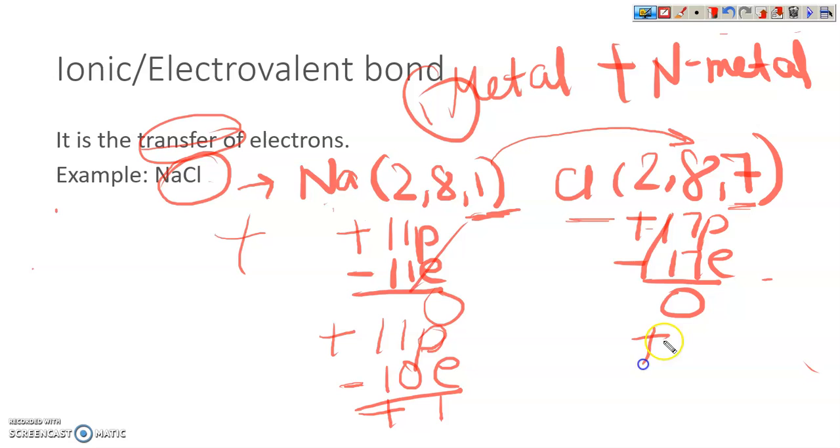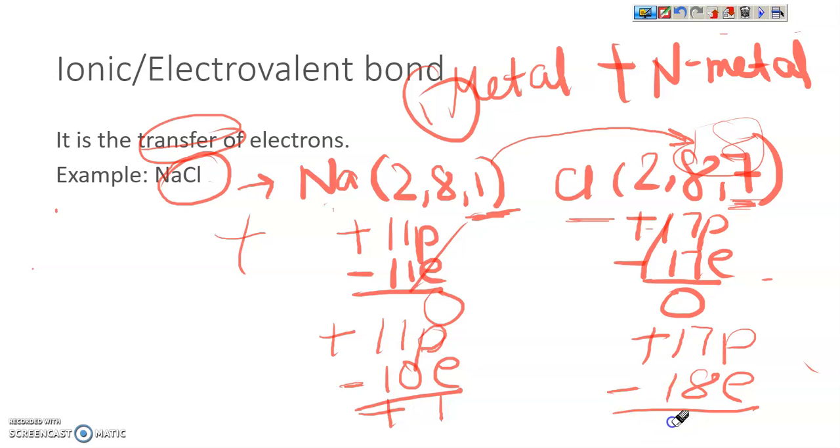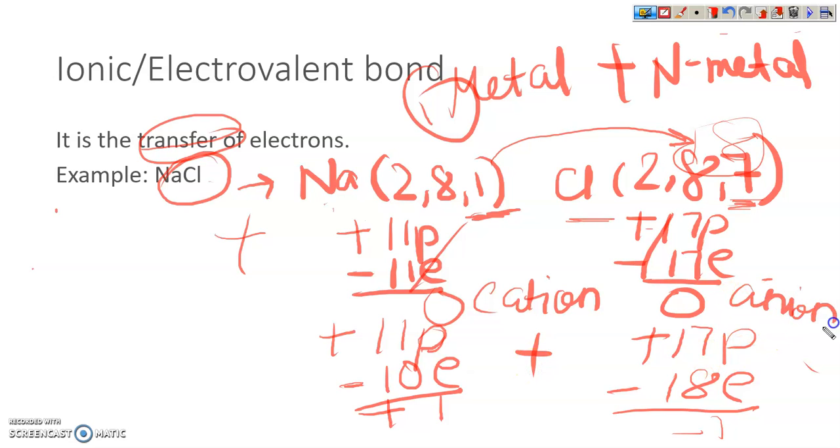And here the proton number will remain the same, and it will have 18 electrons. Like here it was 7, it gains 1, so it is 8. Now it will have a -1 charge. So this is a cation because it has a positive charge, and this one is an anion because it has a negative charge.